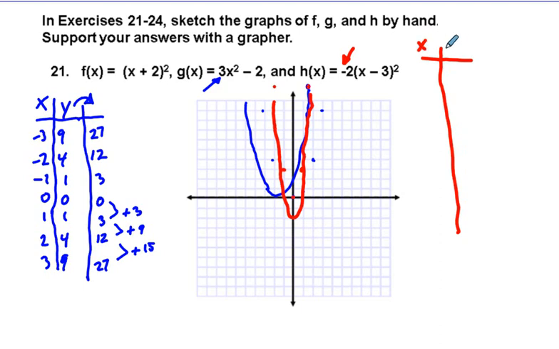If we have x, y, and we're going to have -2, -1, 0, 1, 2. And so we would have for -2, 4, but if we multiply that 4 by -2, we would get -8. Excuse me, -8 here.